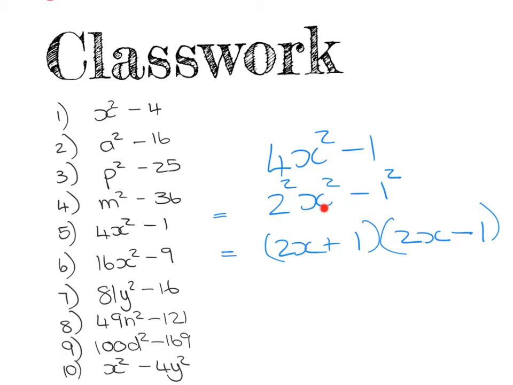If you forgot to put this x in, remember they are one family. There's no plus or minus that's dividing them, so you have to put them next to each other in the first place of the brackets. This is where you could have made a mistake. And also remember 1 is the same as 1 to the power 2.